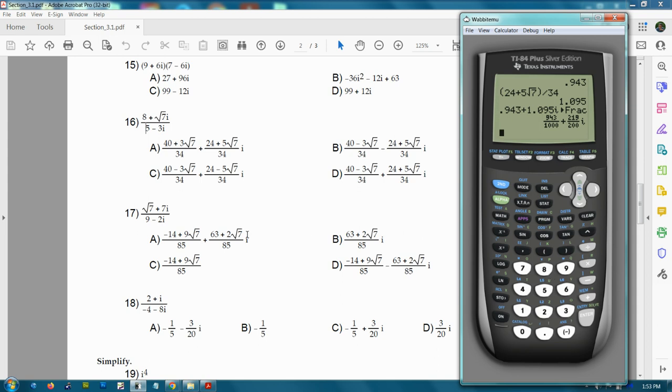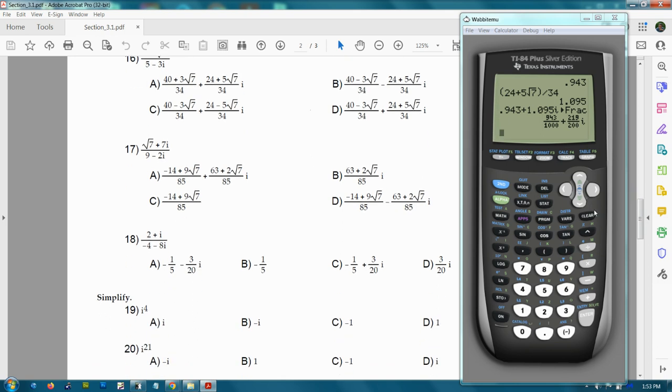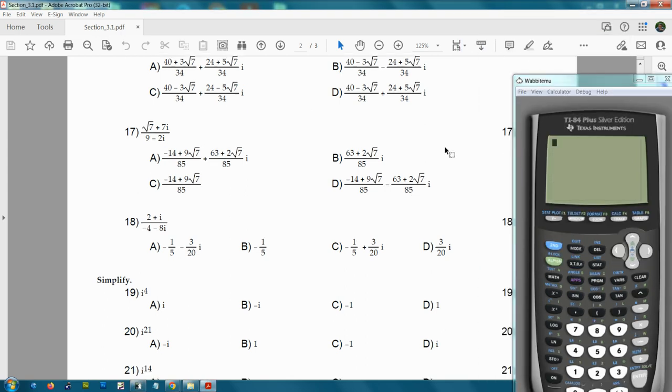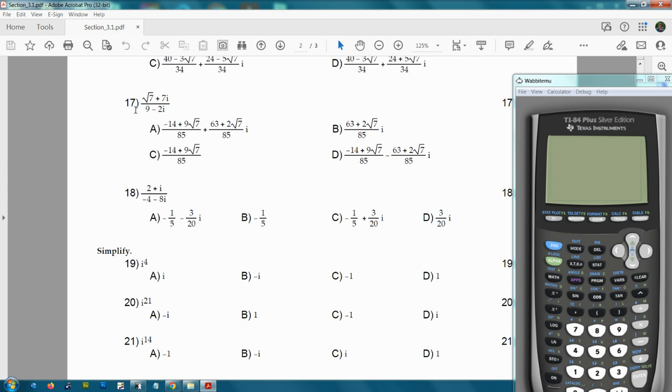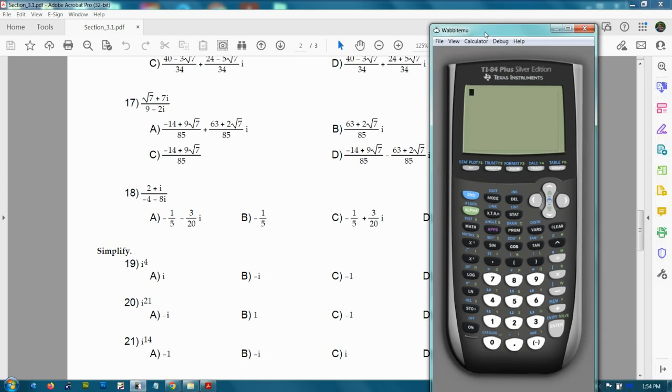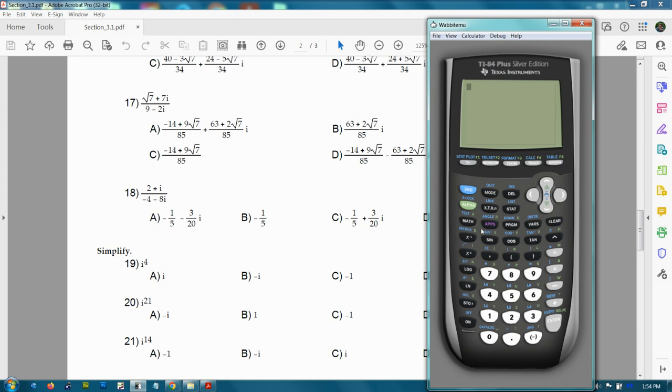So I'll do 16 and 17 manually. What's different about 18, where I can get away with a calculator, is that if you look at the answers, none of them, like 16 and 17, contain radicals. So my calculator should be able to handle this, no problem, number 18.